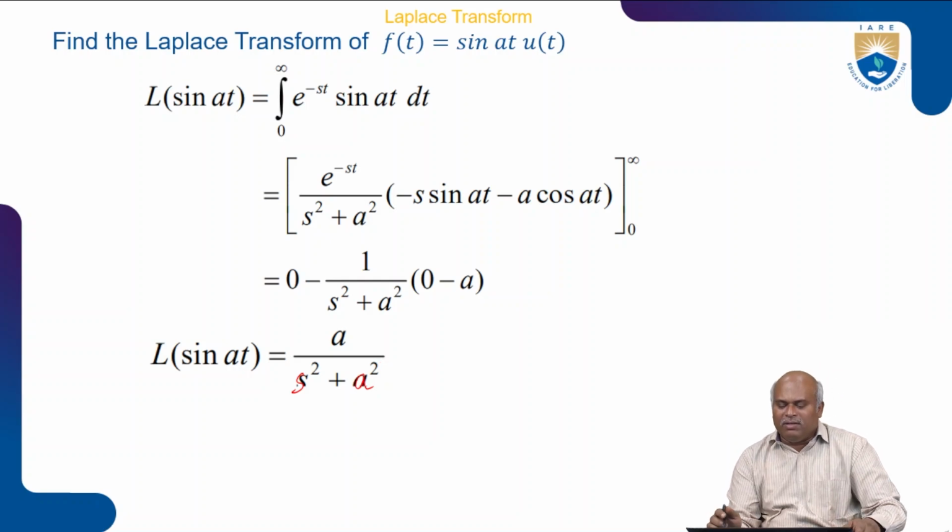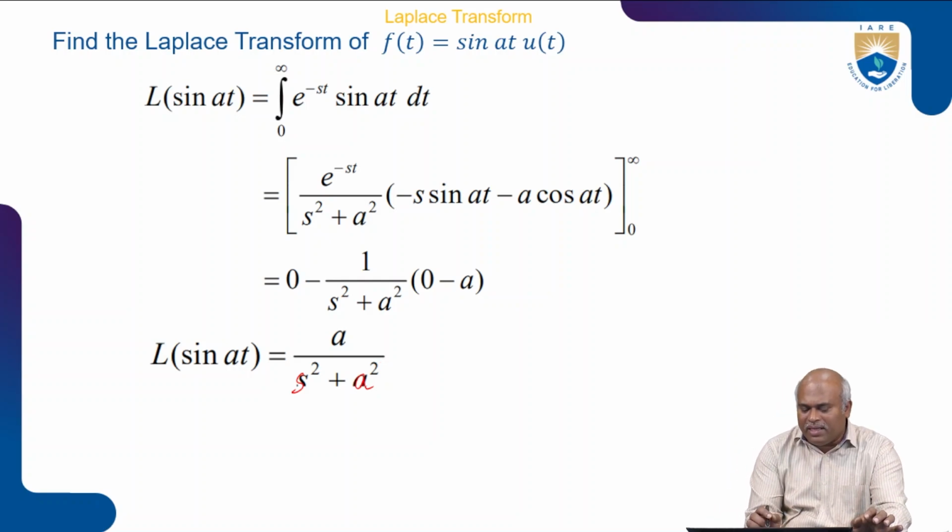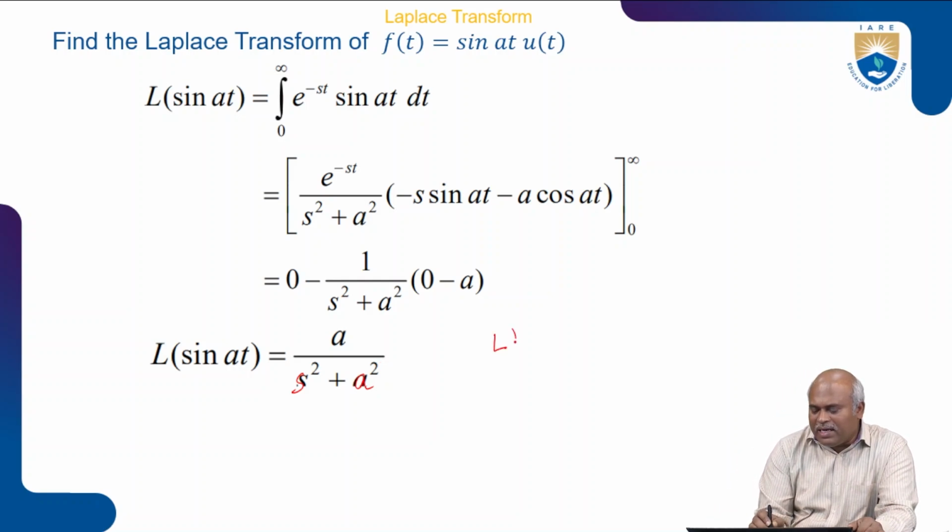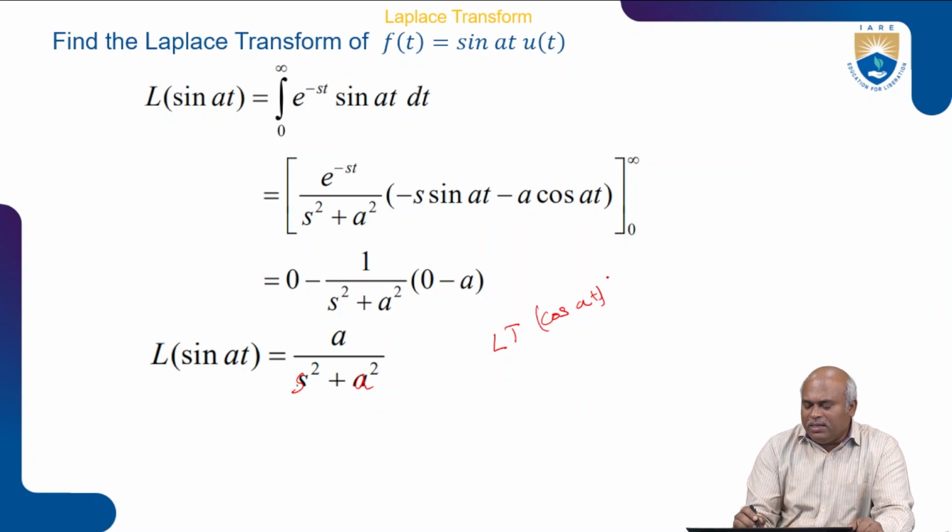Finally, we got the Laplace transform of sin at is equal to a divided by s square plus a square. Now I write here the Laplace transform of cos at, then the Laplace transform of sin at.